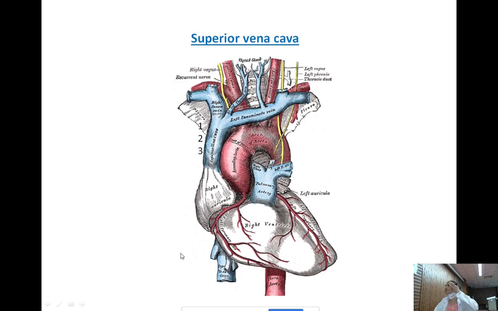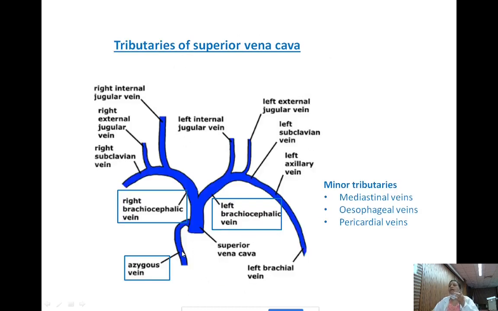So what are the tributaries? The right brachiocephalic and left brachiocephalic are the formative tributaries. Another important tributary is the azygous vein, and also the other veins like the mediastinal vein, esophageal vein, and pericardial vein. So these are the tributaries of the superior vena cava.